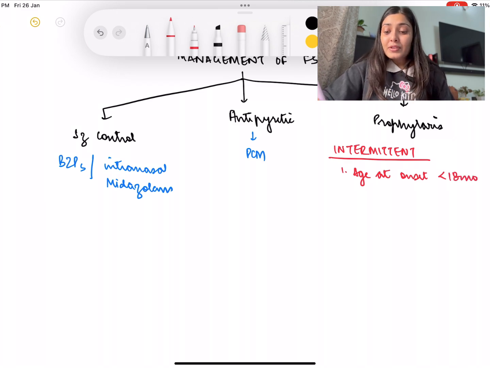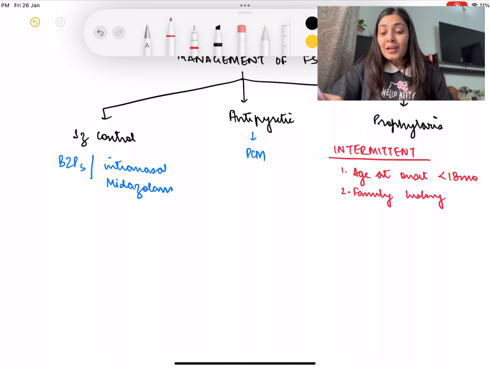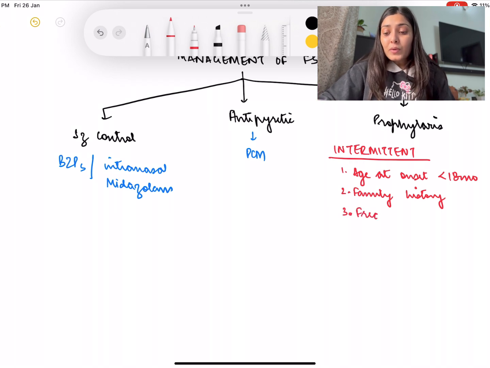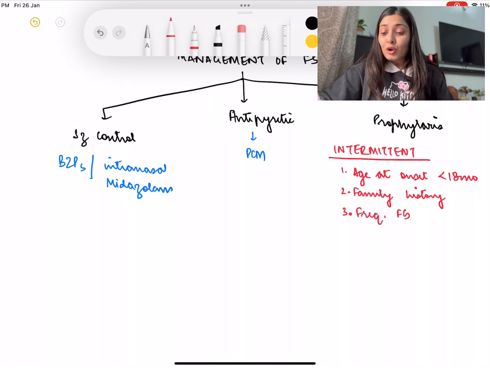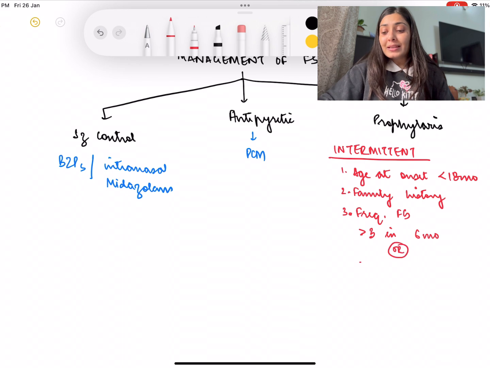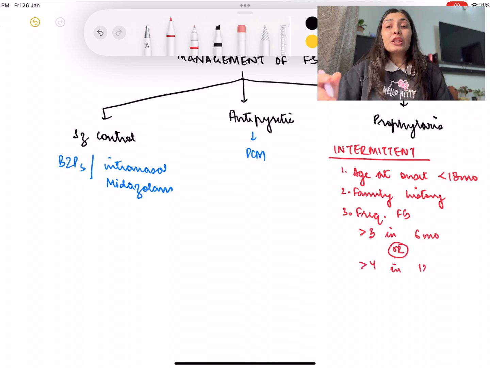Second, where there is a family history of febrile seizure. And lastly, when we have frequent febrile seizures, that is more than 3 episodes in 6 months or more than 4 episodes in 12 months. In all these patients, we are going to give intermittent prophylaxis.